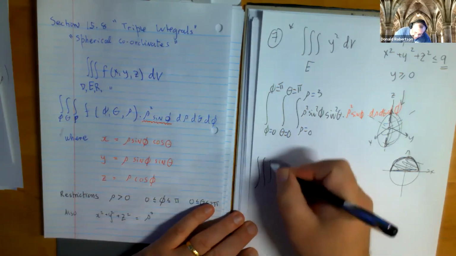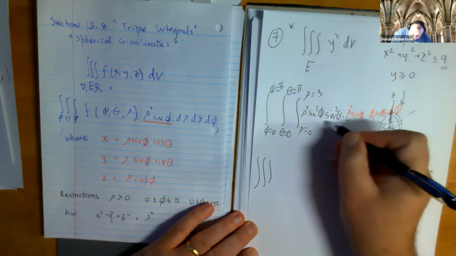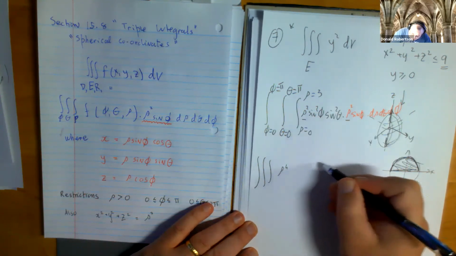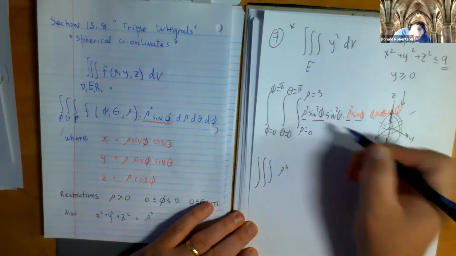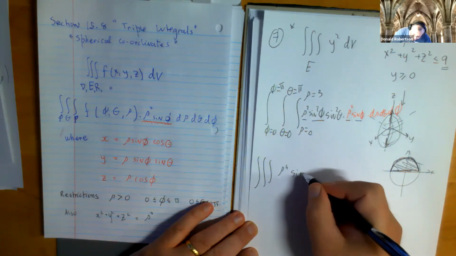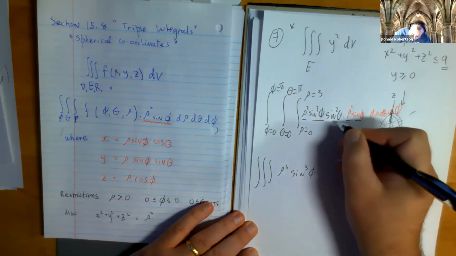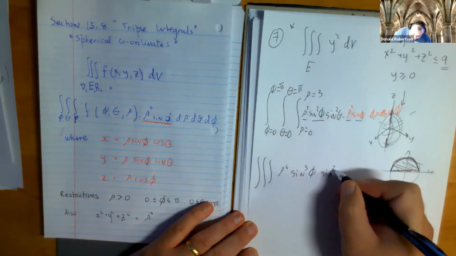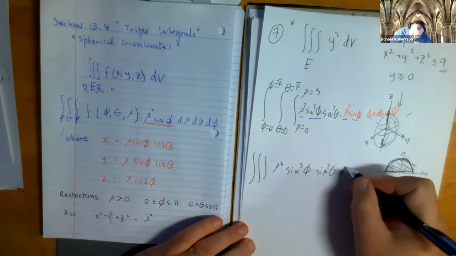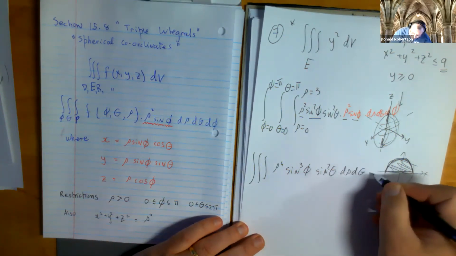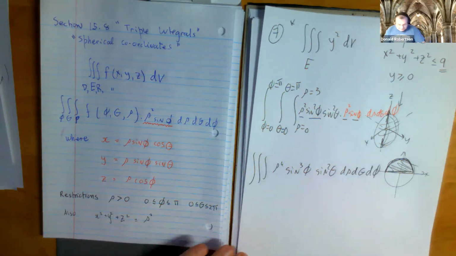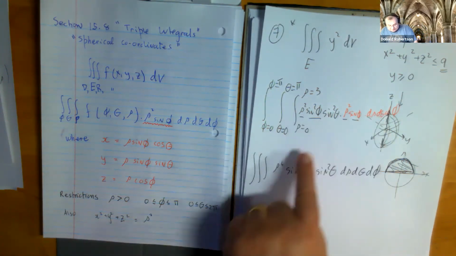So I'll not bother writing that again. These come together and get me rho to the 4. This guy comes together with this guy and gets me sine cubed. And this fella here gets me a sine thing. And I have a rho, I have a theta, and I have a phi. Are we happy with this becomes this?